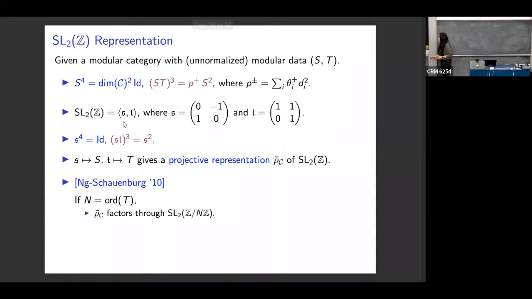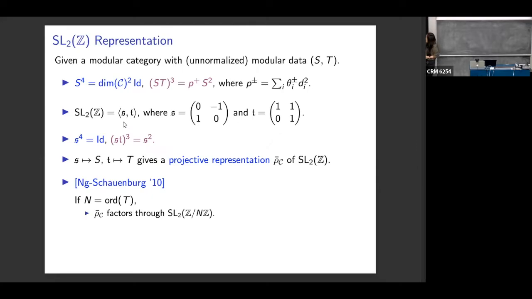And by Ng and Schauenburg in 2010, they showed that if N is the order of the T matrix, then this projective representation has a congruence subgroup of SL2Z as its kernel. As a result, the image of this projective representation factors through SL2Z mod N.